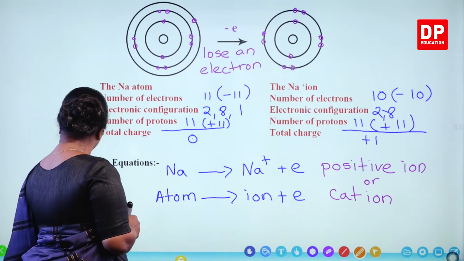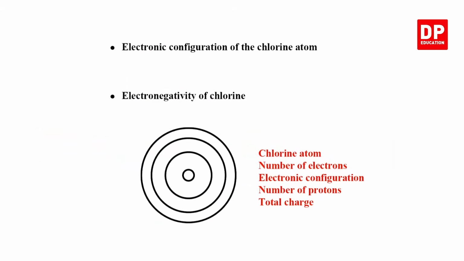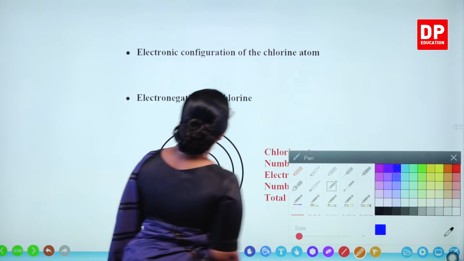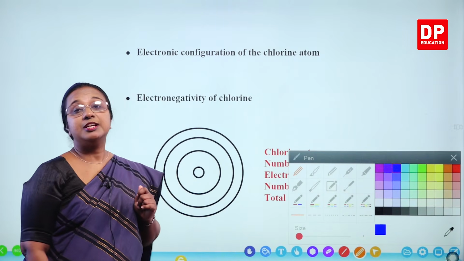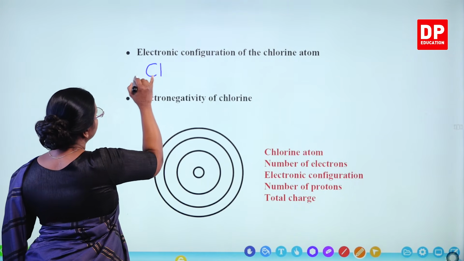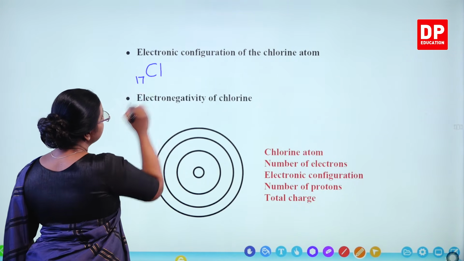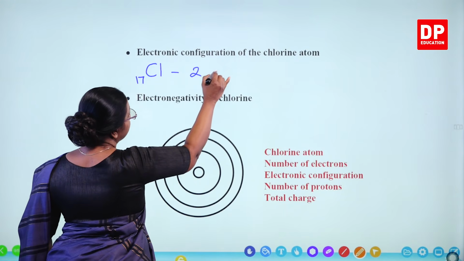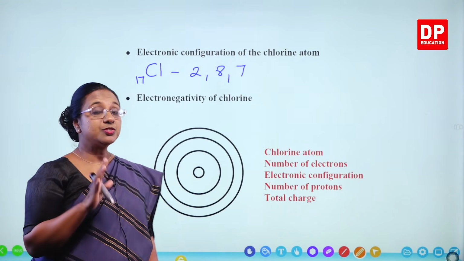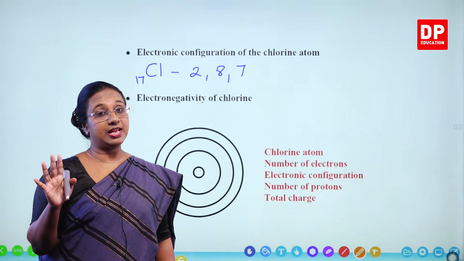Then if we move on to the next element, we will look at chlorine. Now here you can see the electronic configuration of the chlorine atom. You can remember, students, chlorine has atomic number 17. So the electronic configuration is 2-8-7. Now we saw sodium can easily lose an electron.